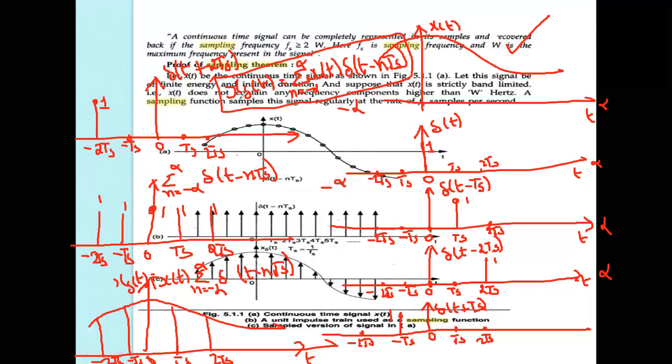The output of the sampler in the mathematical expression is x delta of t equal to the sum of n equal to minus infinity to infinity of x of t delta of t minus n into Ts. Got it, my students? The signal is a continuous time signal x of t. A unit impulse train is used. It is called a unit impulse train.